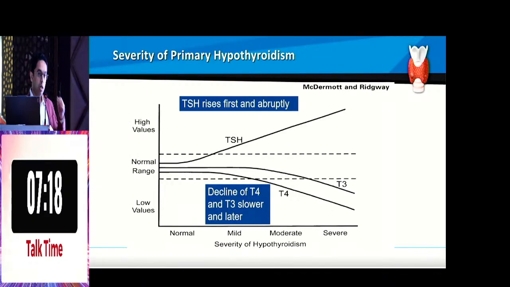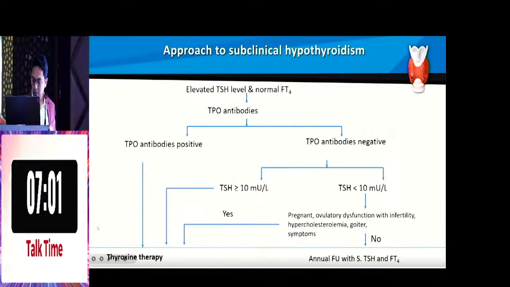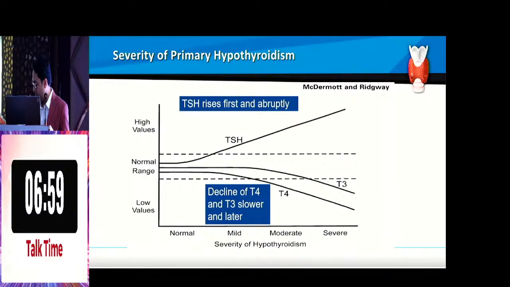See, this is a physiological compensatory mechanism. Here you can see, the pointer is not visible much. Okay, let it be. So you can see here that the TSH rises before T3, T4 falls.